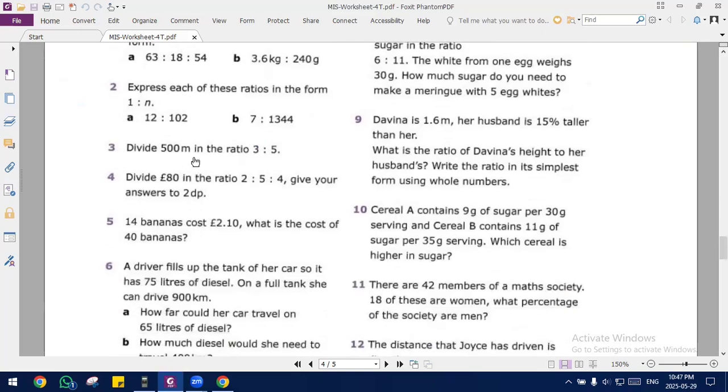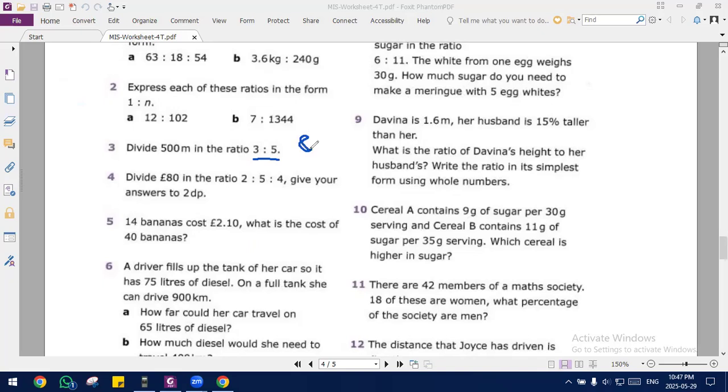Yeah, this question is important as well. Divide 500 meters in the ratio 3:5. So here I'm using ratio because I'm dividing not equally, okay, guys? So 500. First, what are the steps? Step number 1, add the parts. 3 plus 5 is 8.